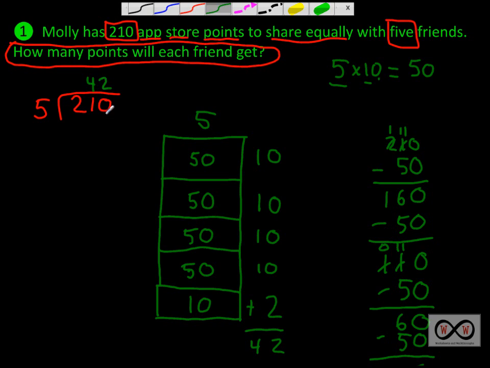How could we check? Well, you can always remember the inverse operation, or the opposite operation of division, in this case would be multiplication. So to check your answer, you can always multiply your quotient times your divisor. So let's try to do that. We've got 42 times 5.